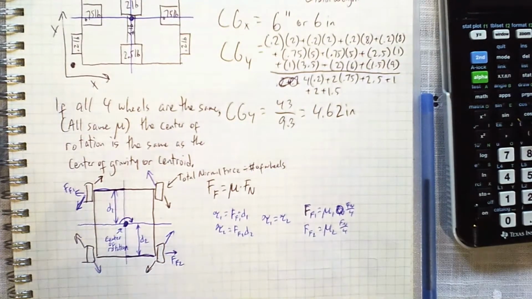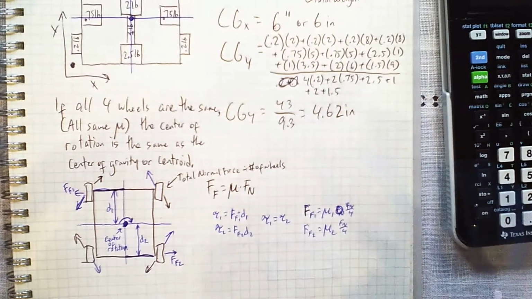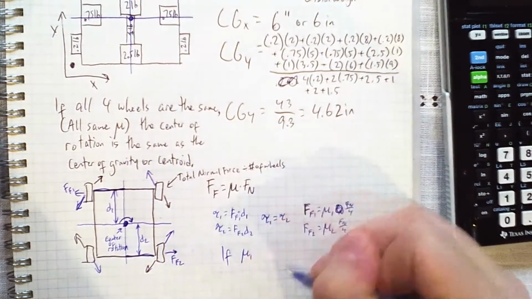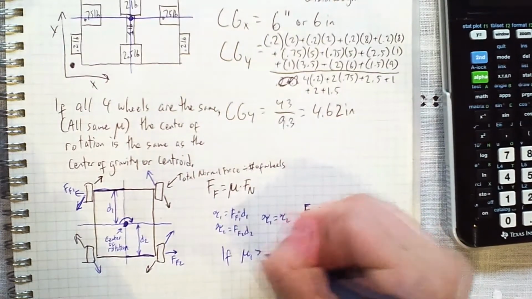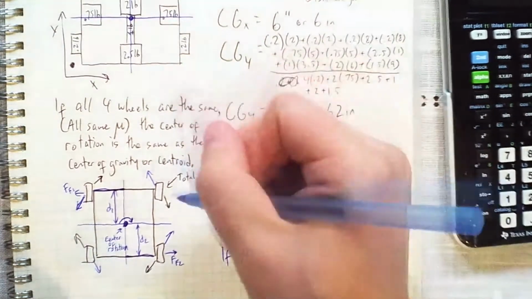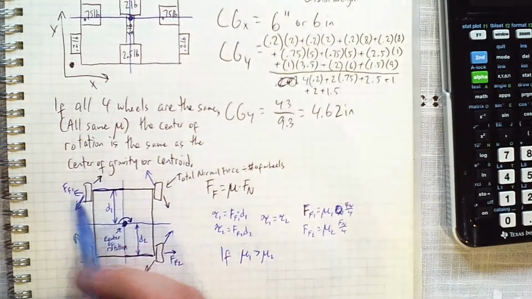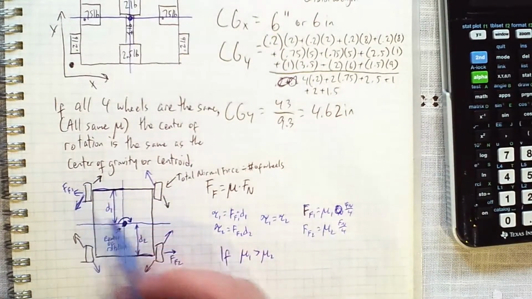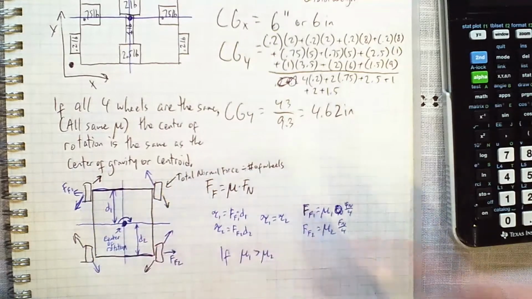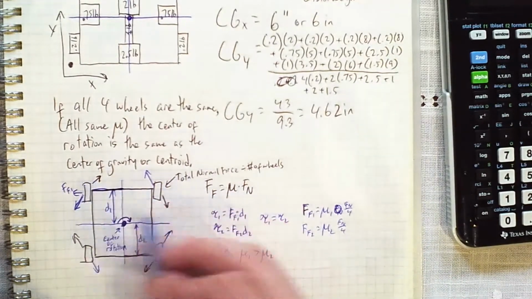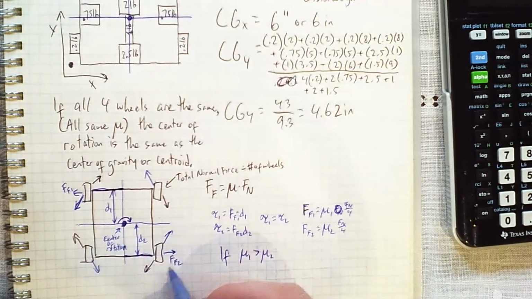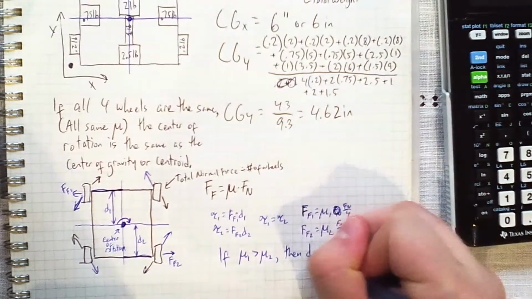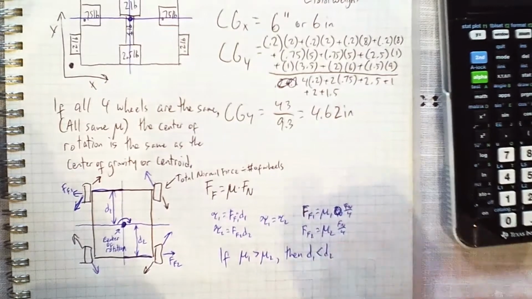So basically what this is saying is if mu1 is greater than mu2, mu1 being the coefficient of friction of the wheels up top, if the coefficient of friction of the wheels up top is greater than the coefficient of friction of the wheels down low, then distance 1 is going to be less than distance 2.